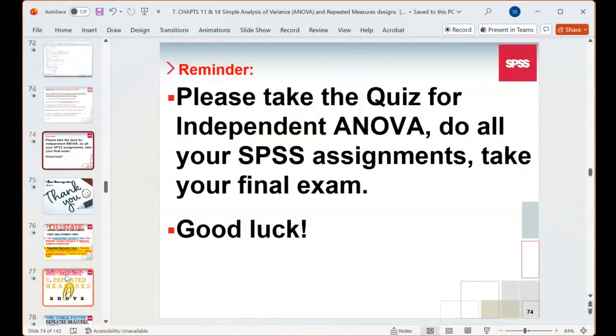And take the final exam. You have 2 weeks to take the final exam now. And again, it's your last chance to do the SPSS. Get help if you want a better grade than B. For a better grade than B, I have to see some SPSS.